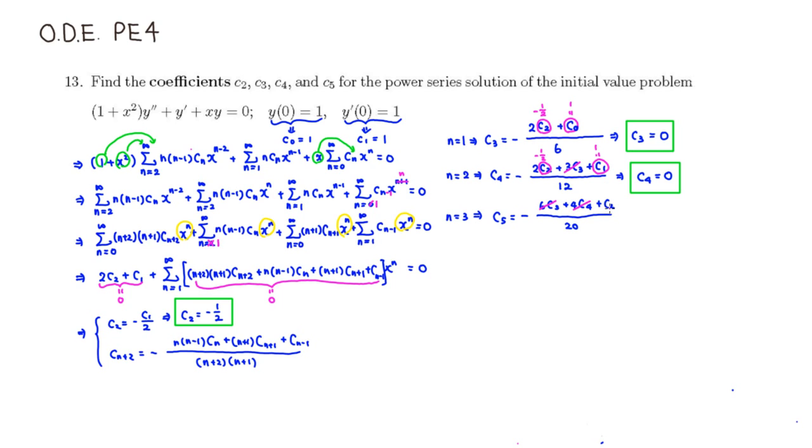C2 is negative 1/2. So negative 1/2 over 20 is negative 1 over 40, but with the negative sign out front, it's a positive 1 over 40. So C5 is equal to 1 over 40. That's the C5 value. That's it. I hope that this was clear.